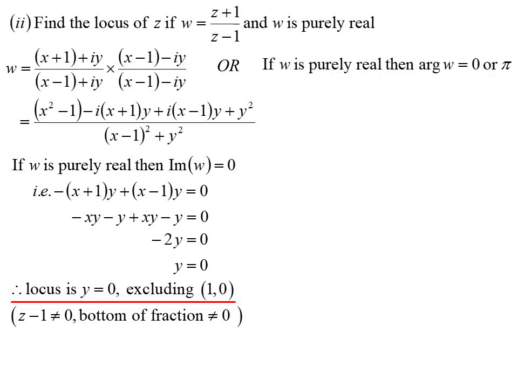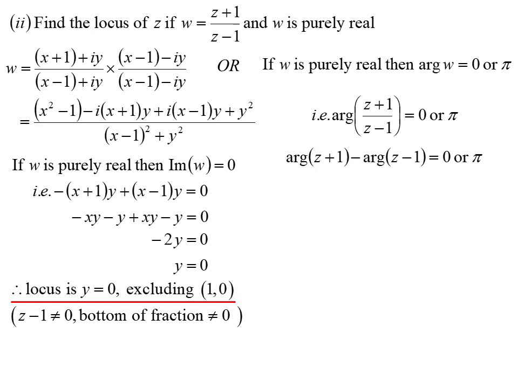Geometric, how would I approach it? Well, now I'd look at it and say, well, look, if it's purely real, then I know the argument is either 0 or pi. So the argument of (z plus 1) on (z minus 1) is either 0 or pi. So the argument of (z plus 1) minus the argument of (z minus 1) is 0 or pi. What is that telling me?